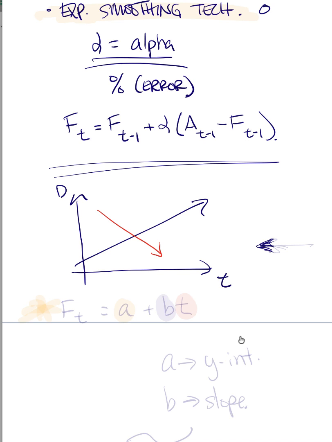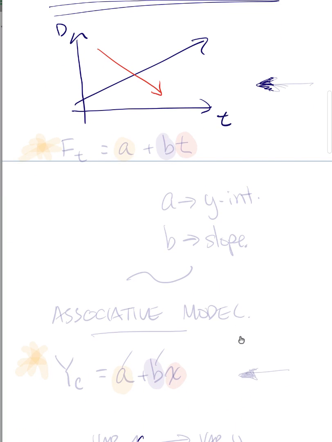The formula for the trend is just a typical linear regression, which is the forecast for a period t is the y-intercept plus the slope times the time period. Here A is the y-intercept, and B is the slope.